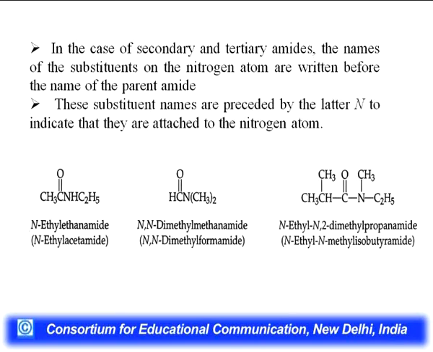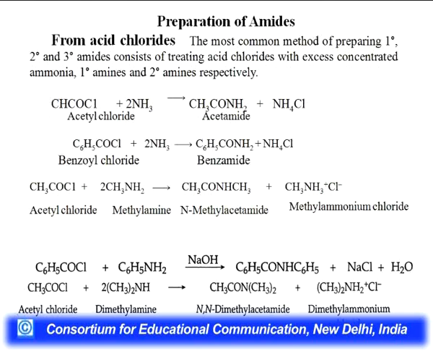So N-ethyl acetamide, because the acetyl group is there. N,N-dimethyl methanamide, two methyl groups are there. N,N-dimethyl formamide. N,2-dimethyl propanamide, because you can see the groups attached to the nitrogen. N-ethyl-N-methyl isobutyramide. Now the preparation of amides.